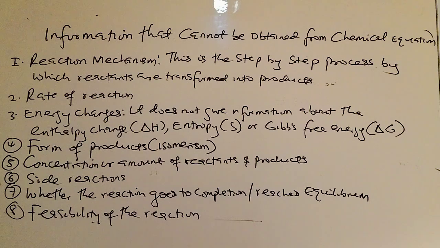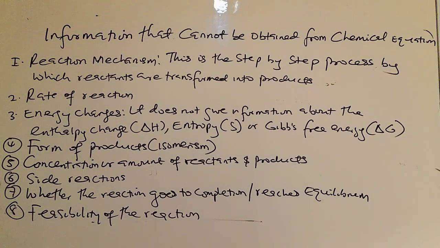So a balanced equation does not provide the reaction mechanism. A balanced equation is just a summary of the reaction processes that are taking place. When you have an equation written for you, it does not mean that it is the overall summary of all the reactions taking place. A reaction can take place in different steps.